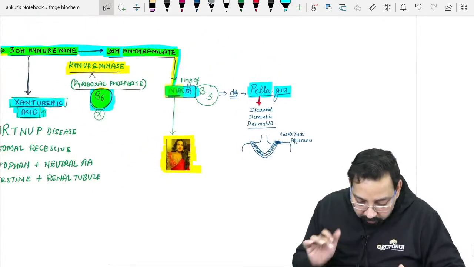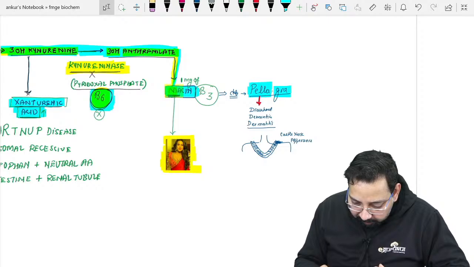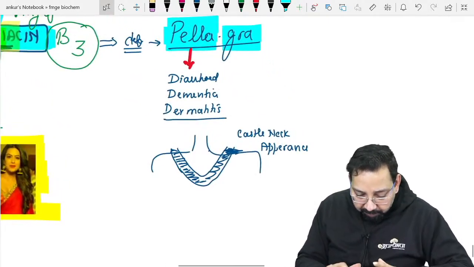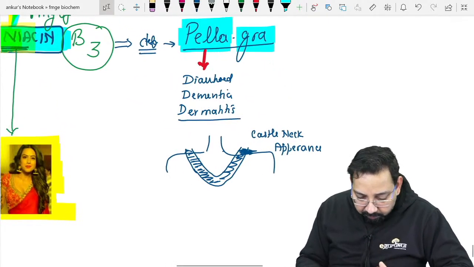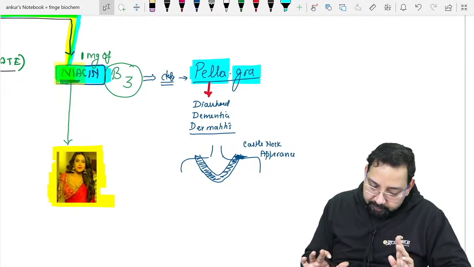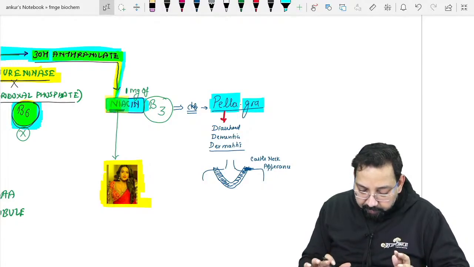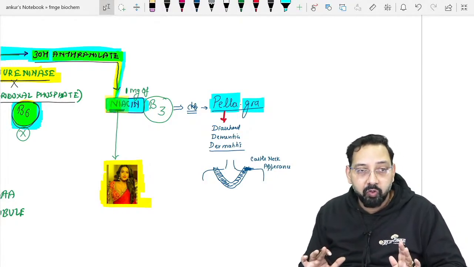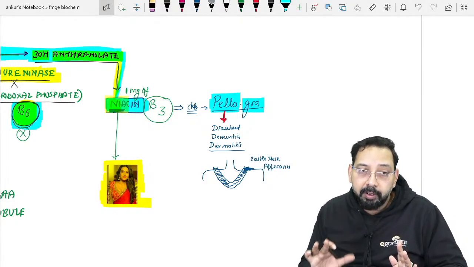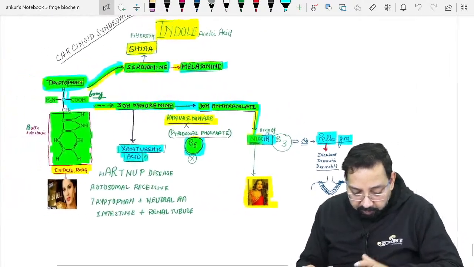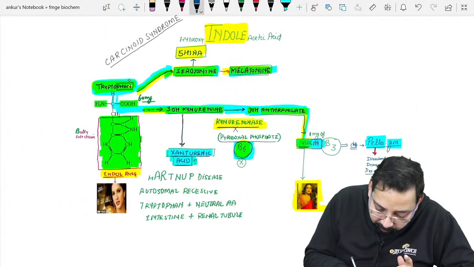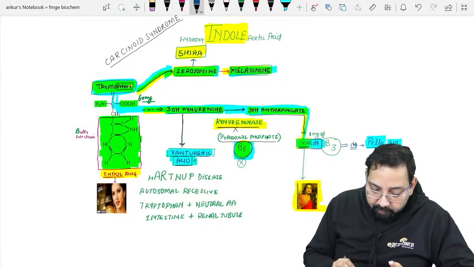This question has been asked many times. They give the same picture, same symptoms: B3 deficiency, niacin deficiency, pellagra. But for this niacin deficiency, there may be multiple causes. One cause is you are not taking tryptophan in the diet.